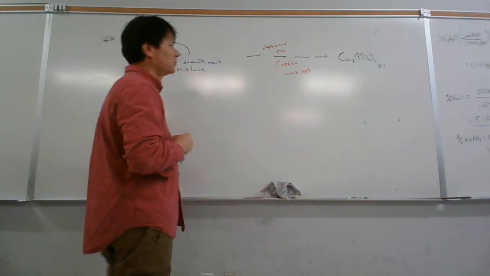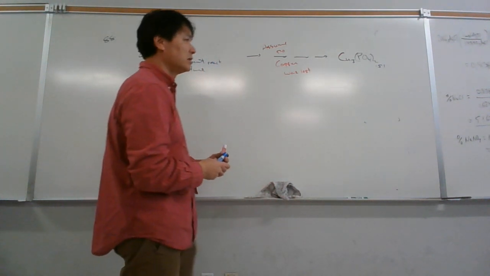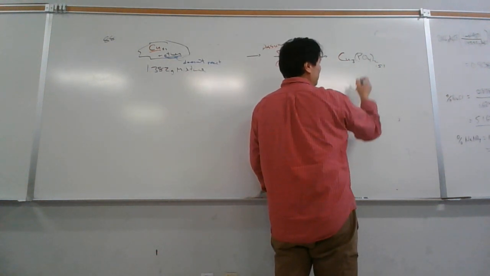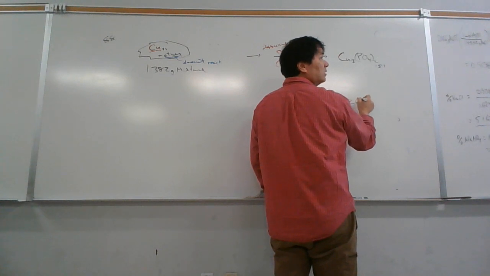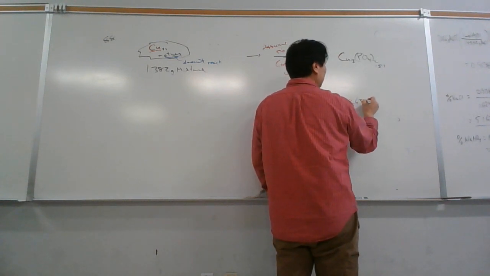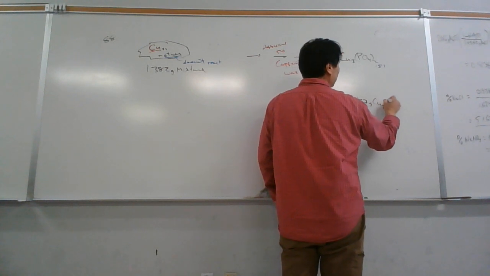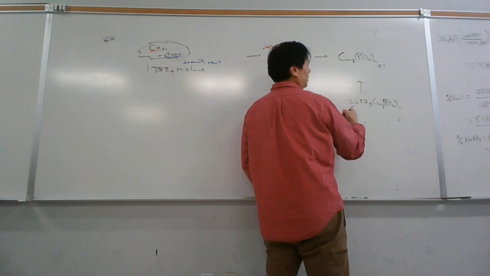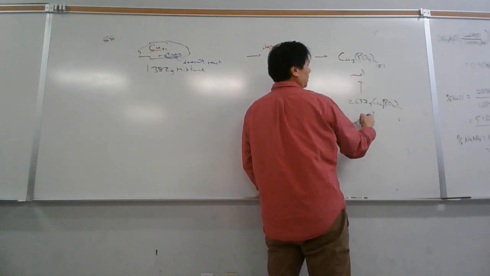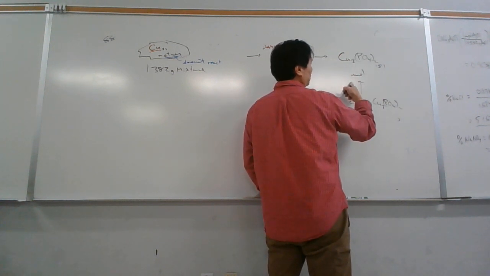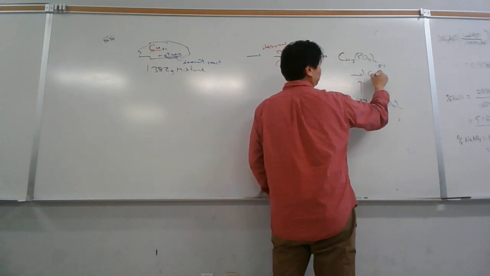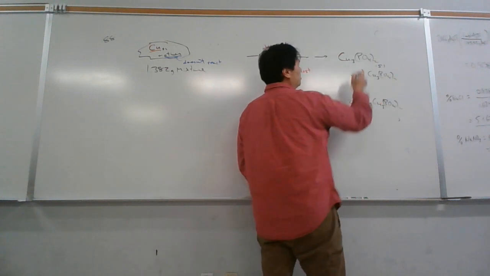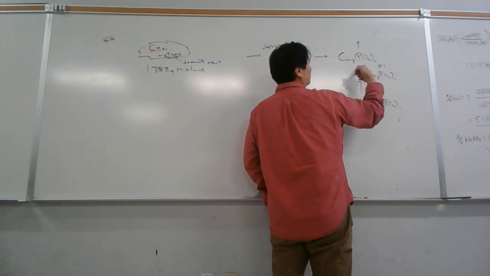If we assume that no copper was lost, then what we can do is this. We know the grams of this. So we have 2.637 grams of copper 2 phosphate here. So we can go from grams of copper 2 phosphate to moles of copper 2 phosphate. And then we're going to go from moles of this to moles of pure copper.